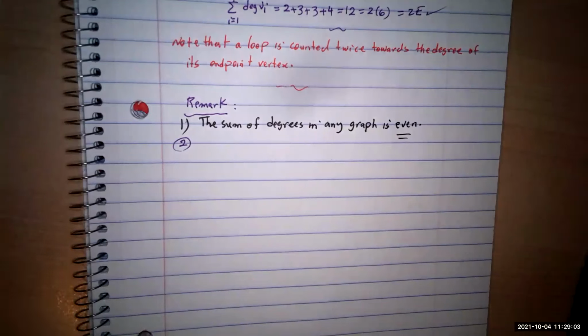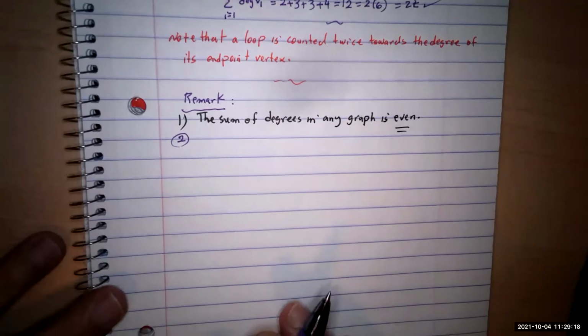If you add two odd numbers together, the result is even. So to add the odd numbers and get an even number, the number of such vertices must be even. Let me just write it down, then I explain it again.